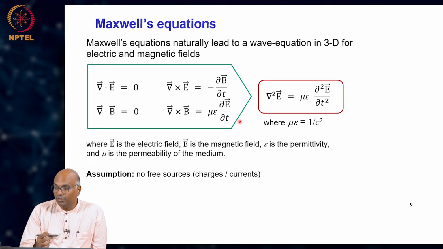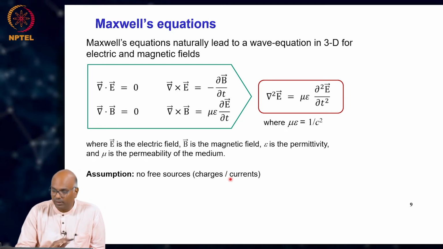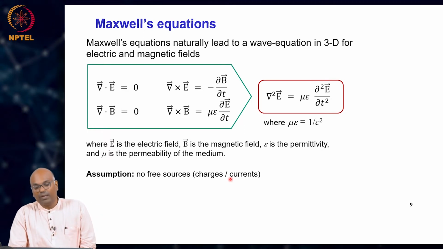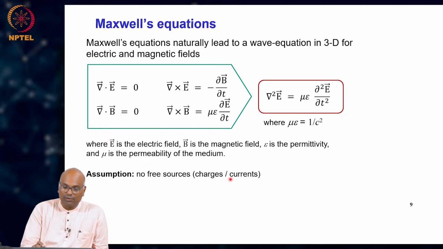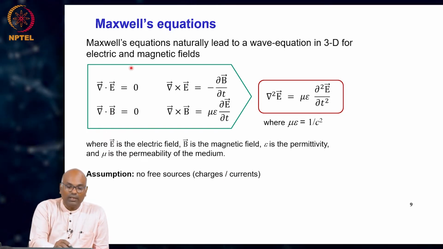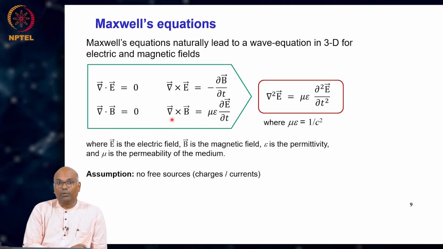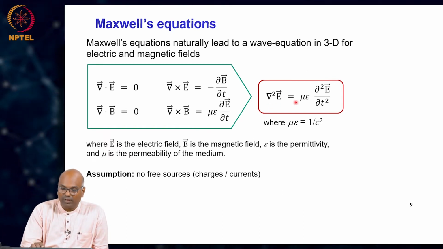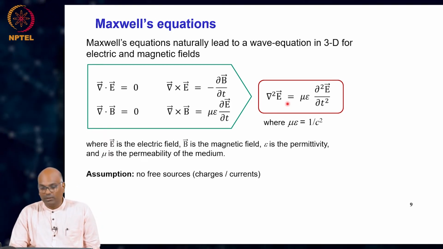That would connote a scenario where we handle free currents too, but in this case we are not going to bother about that. We live under this assumption of no free sources. Then these four equations of Maxwell applied in this scenario essentially bring us to the wave equation through a set of simple mathematical steps.